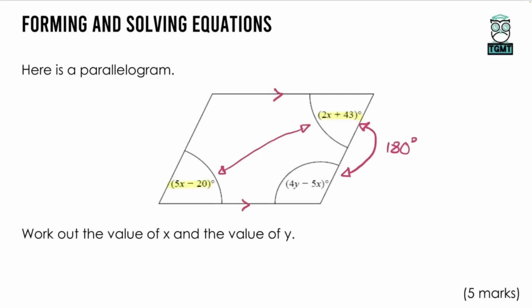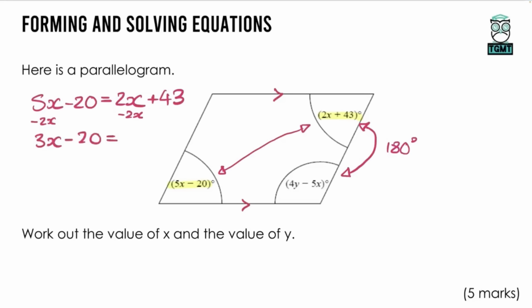That's going to allow us to form an equation with only x in that we can solve. So for that, we've got 5x minus 20 is equal to 2x plus 43. We can solve that equation. There's x's on both sides, so we have to get rid of the smallest x from both sides. We get 3x minus 20 is equal to 43.